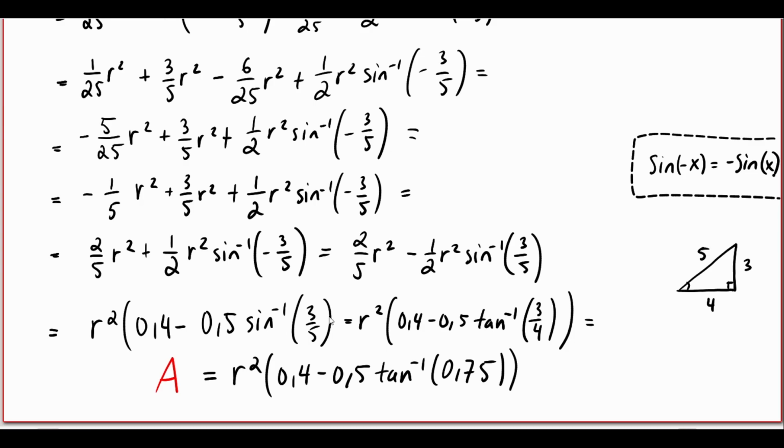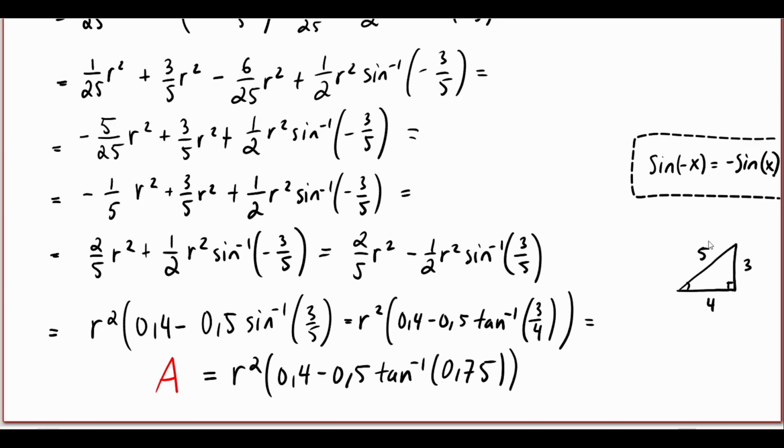Okay, but we can rewrite it as in the Mind Your Decisions video. So we have 0.4 minus 0.5 arctan. Okay, so we know that the arcsine of a triangle here is the same as 3 over 5. So this is the hypotenuse, and this is one side.